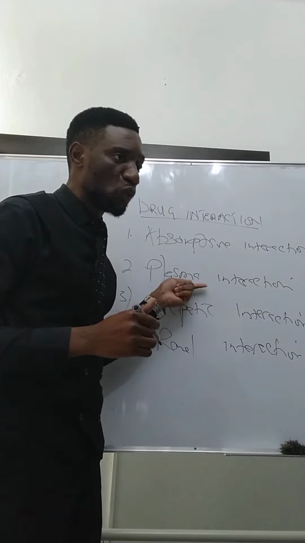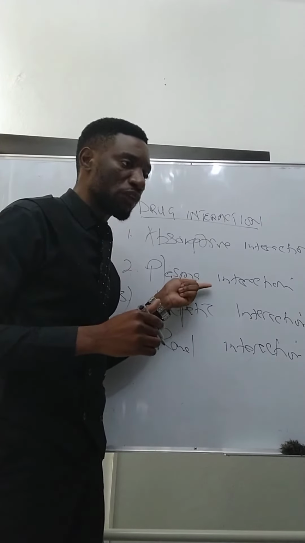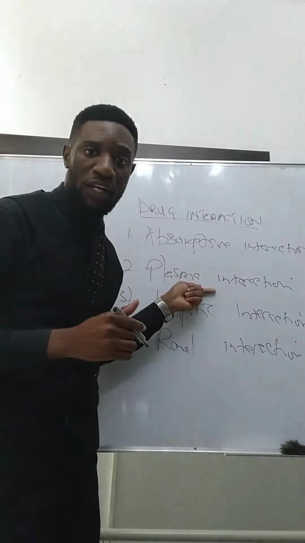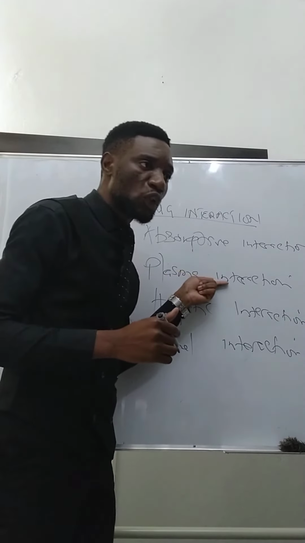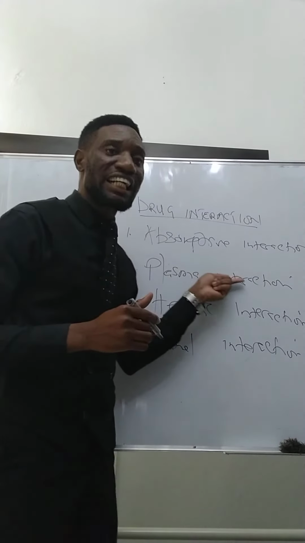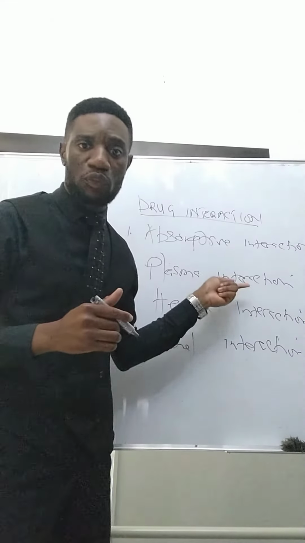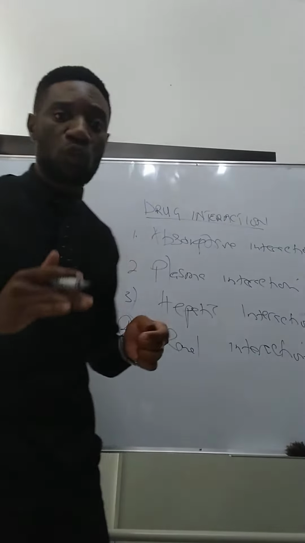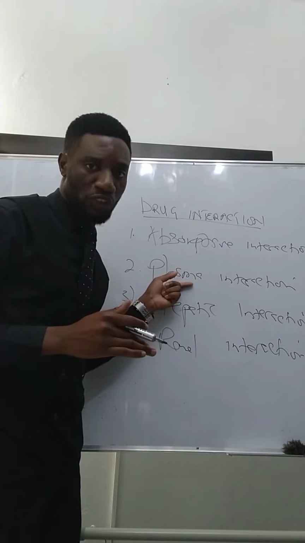One drug can displace the other from plasma binding proteins, allowing the concentration of the displaced drug to increase. This can cause toxicity, especially with drugs that have a narrow therapeutic window. That's why it's very important to look at such drugs that interact in the plasma.